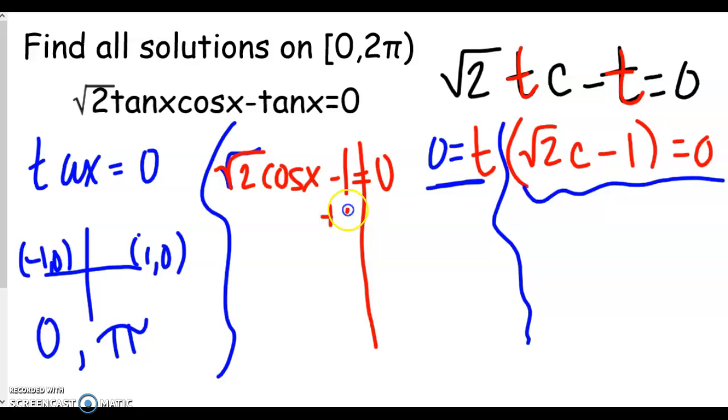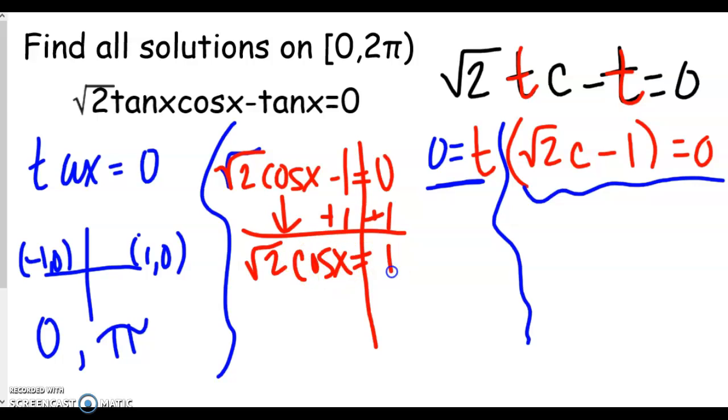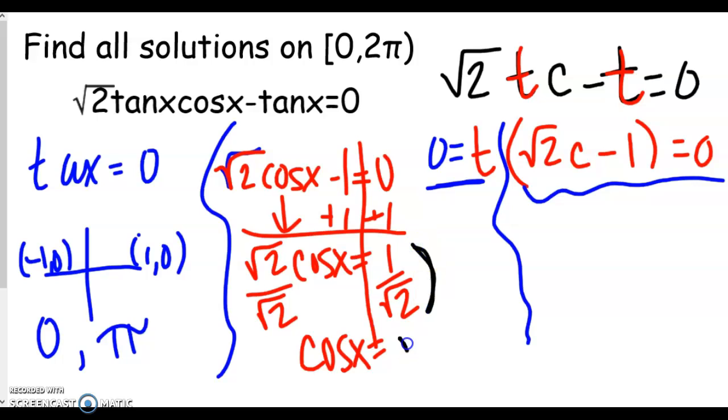I add the 1, drop this down: square root of 2 cosine x equals 1, divided by the square root of 2. So cosine of x is equal to 1 over the square root of 2. Do you know that this is equal to the square root of 2 over 2? You're like, how come? Well, times square root of 2 over square root of 2.